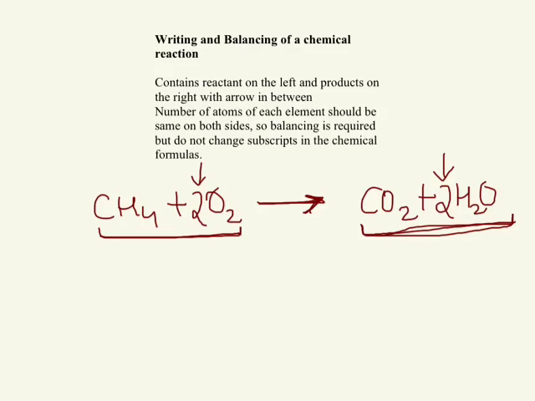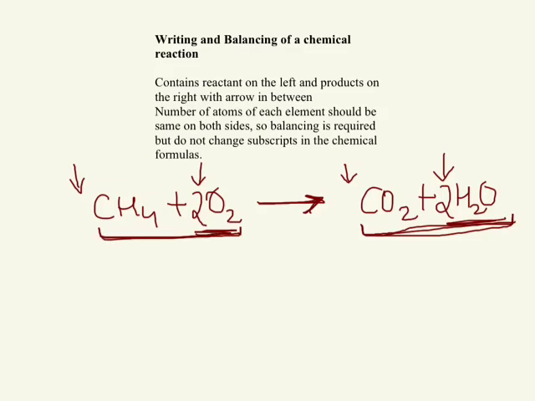Coefficients show the number of molecules of a given element or compound that react or are formed. For example, in this one, 2O2 means 2 molecules of oxygen. 2H2O means 2 molecules of water. If no number is written, like in front of here and here, it's assumed as 1.